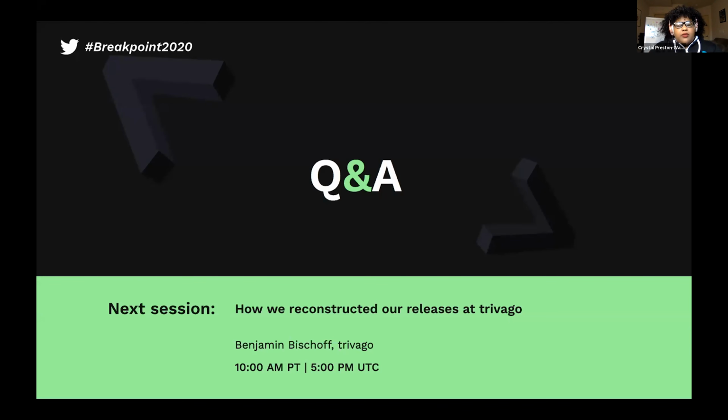Lighthouse, which is in the Chrome dev tools, is really good too. Again, you can't just run these things and be done with them, but they give you a good jumping-off point for learning about what some of the issues are.